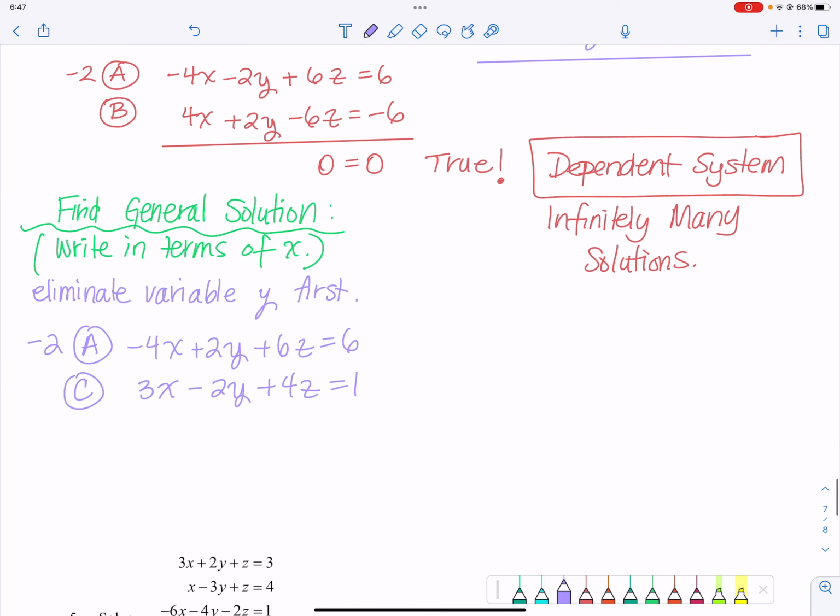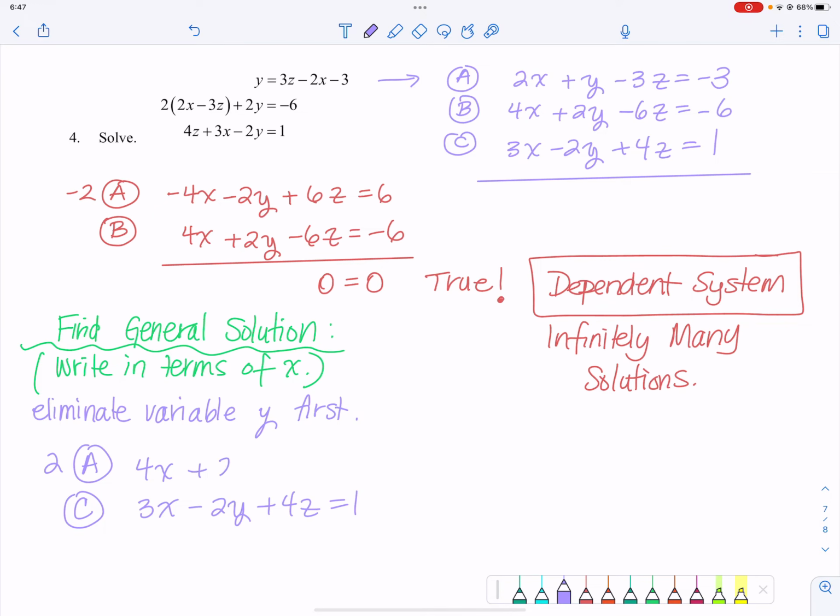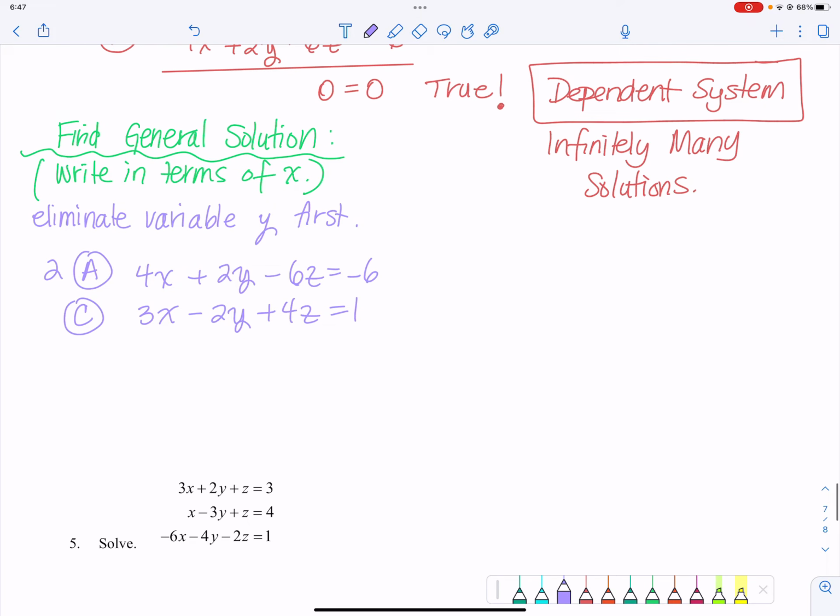And we're just going to multiply this by 2. So I'm going to rewrite this. Multiplying A by 2, we have 4x plus 2y minus 6z equals negative 6.